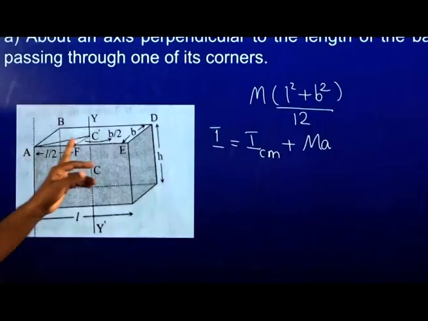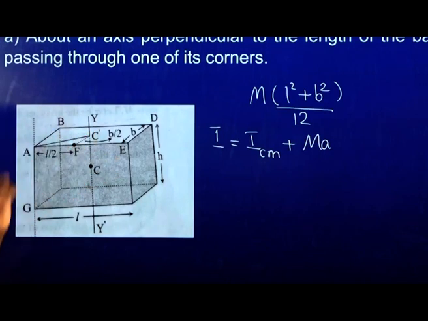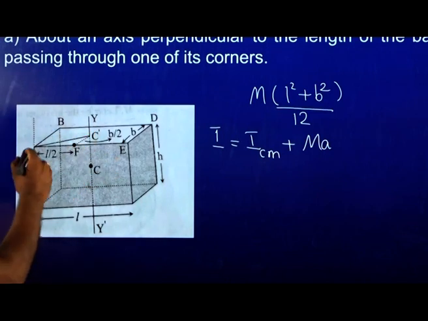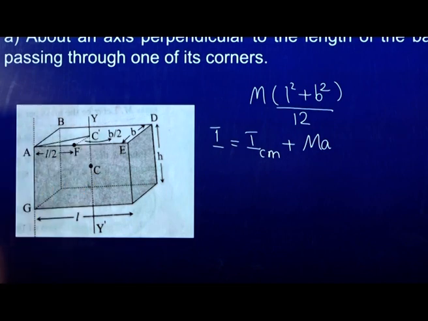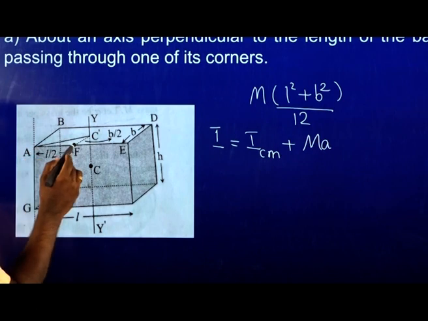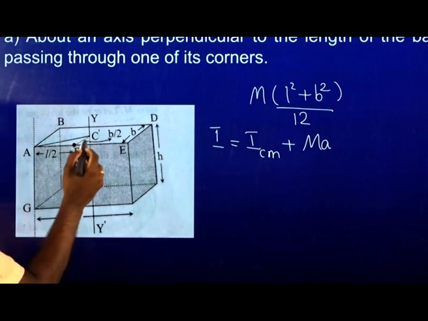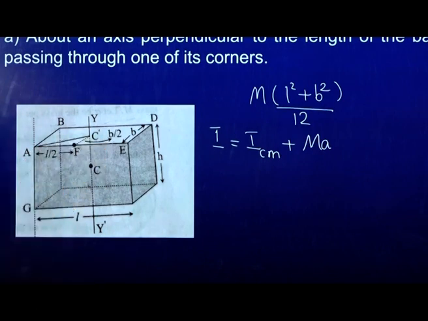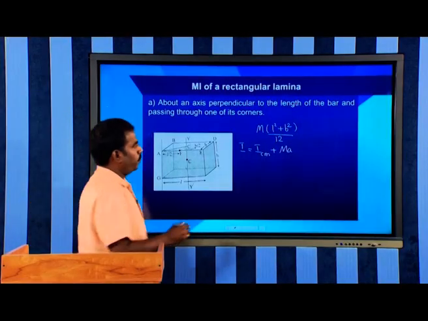We have to find the distance A, which is AC dash. You can imagine a right angle triangle here, where this is the hypotenuse. Here AF equals L by 2, and C dash F equals B by 2. So what is A square?